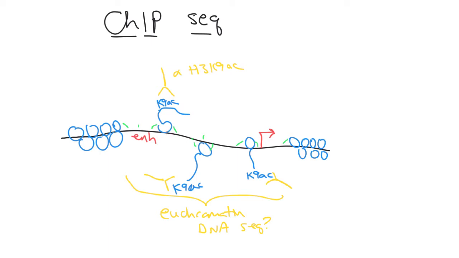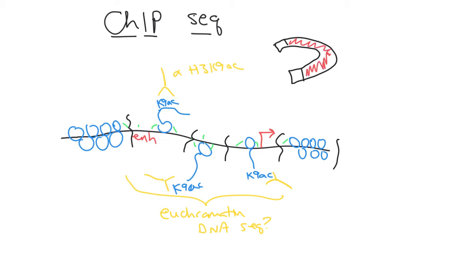Then the DNA is fragmented, so the DNA is broken into bits randomly, essentially. And then those antibodies are precipitated. I'm going to diagram this with a magnet, although that's not actually, well, it could be one way that the antibodies are removed.